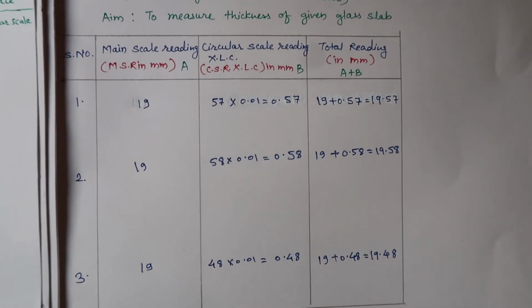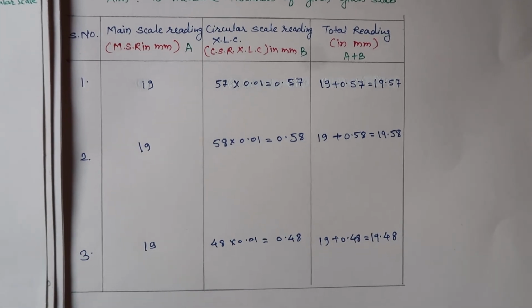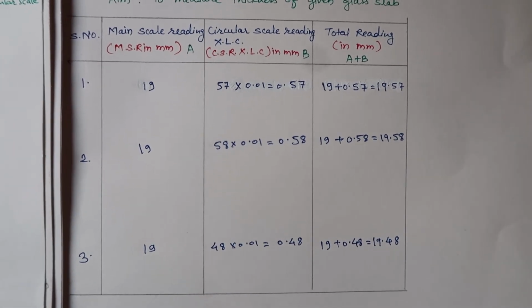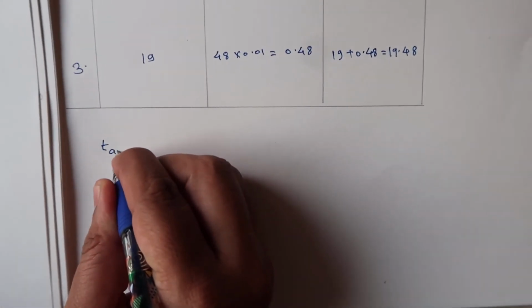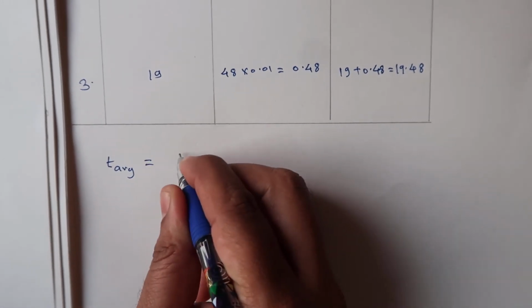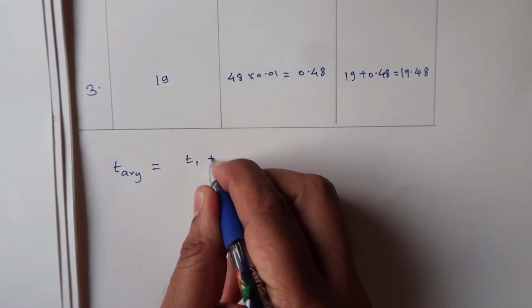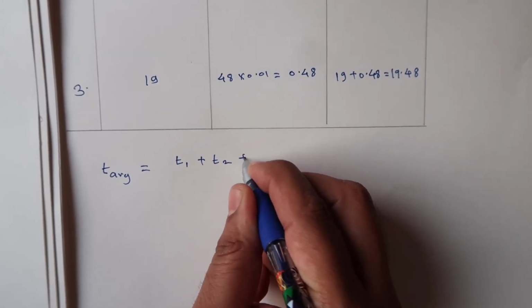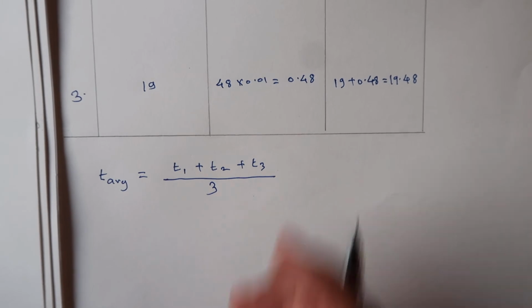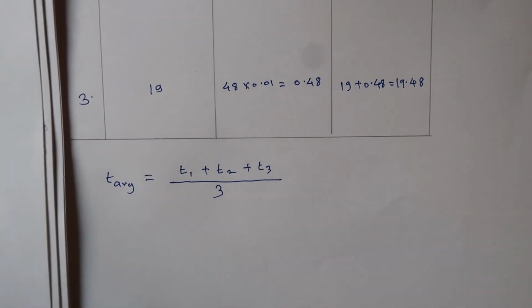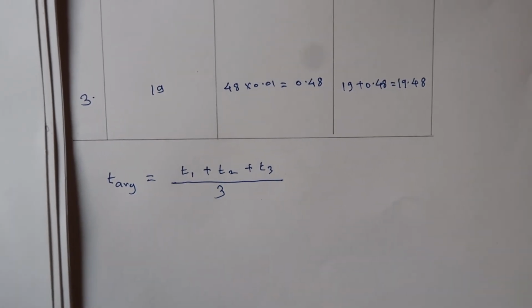Let us calculate the average thickness. So here the average thickness is equal to first thickness plus the second thickness plus third divided by number of readings taken. Let me calculate that one.